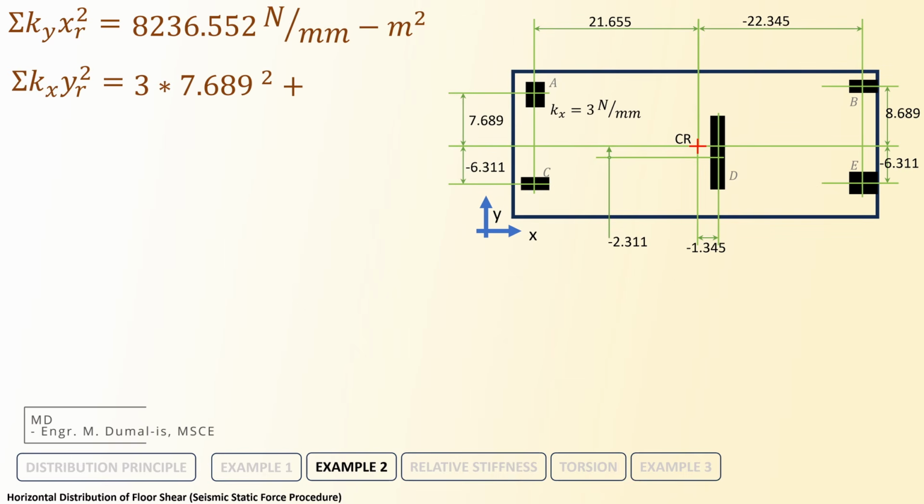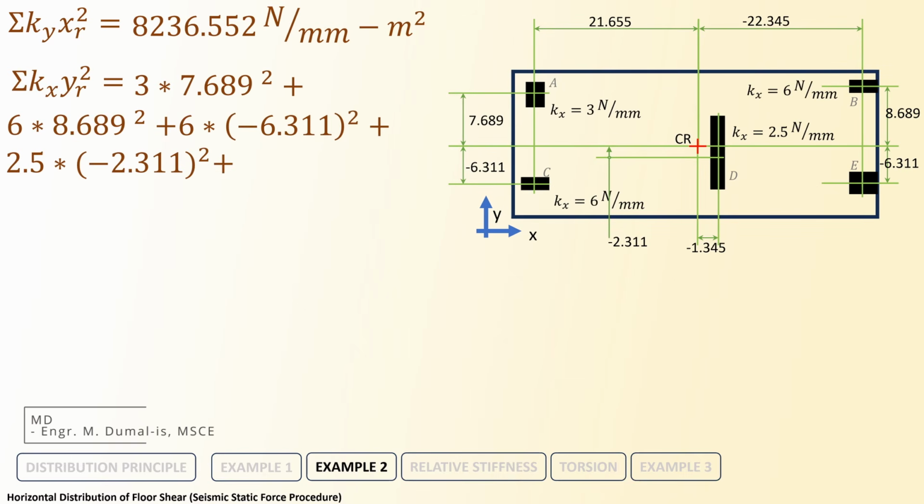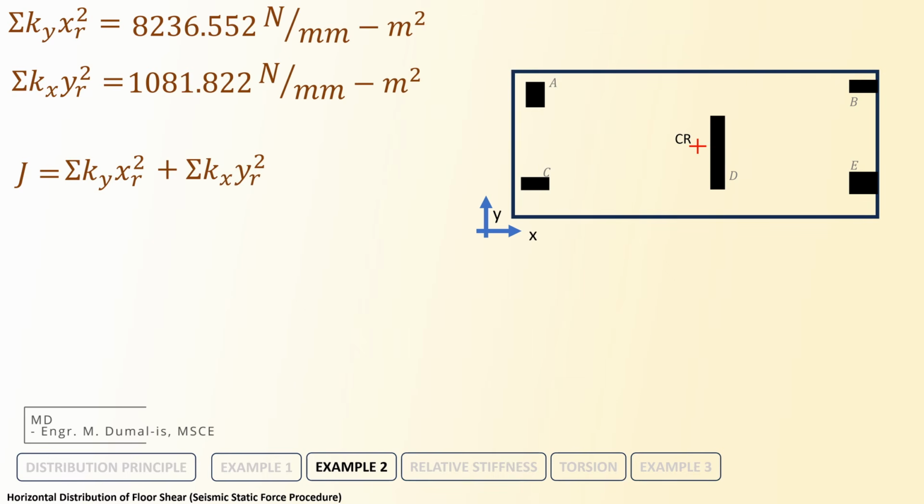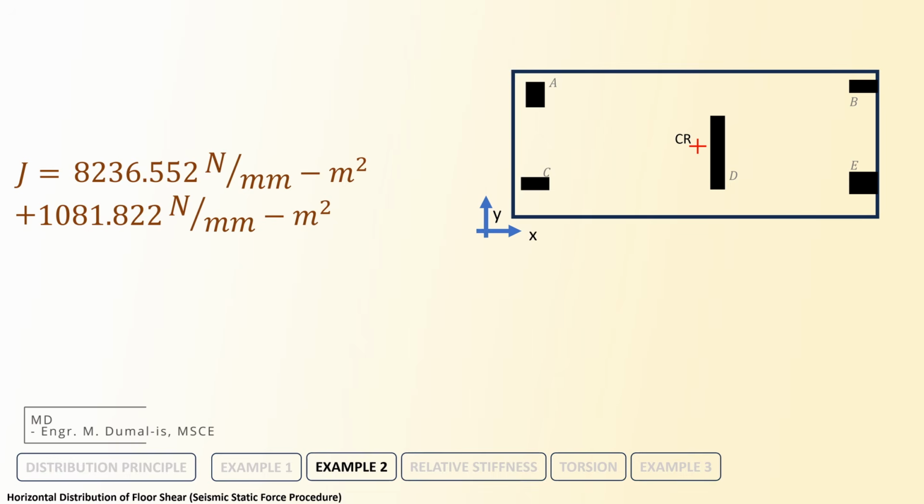We'll do the same for the other half of J. The summation of the product of lateral stiffness in the x direction, kx, and the square of the perpendicular distance of each element from the center of rigidity in the y direction, ry squared. And then we add the two to get the full value of J.